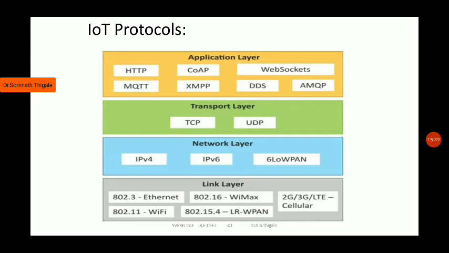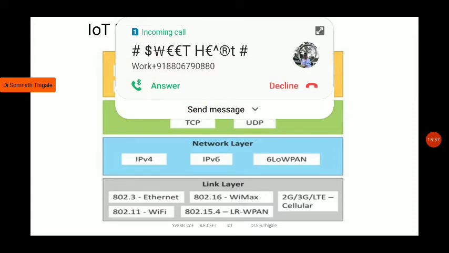Then the next layer in IoT protocols is the application layer. In the application layer, we have different protocols like HTTP, which stands for Hypertext Transfer Protocol, which forms the foundation of the World Wide Web.